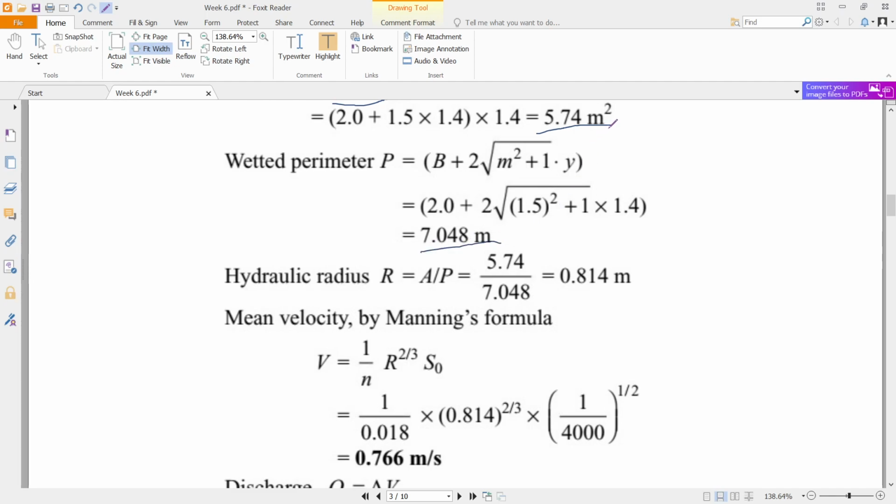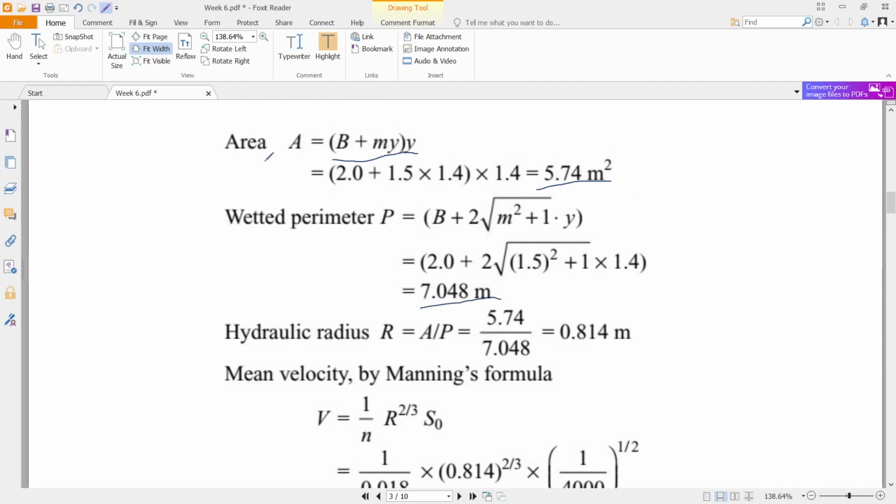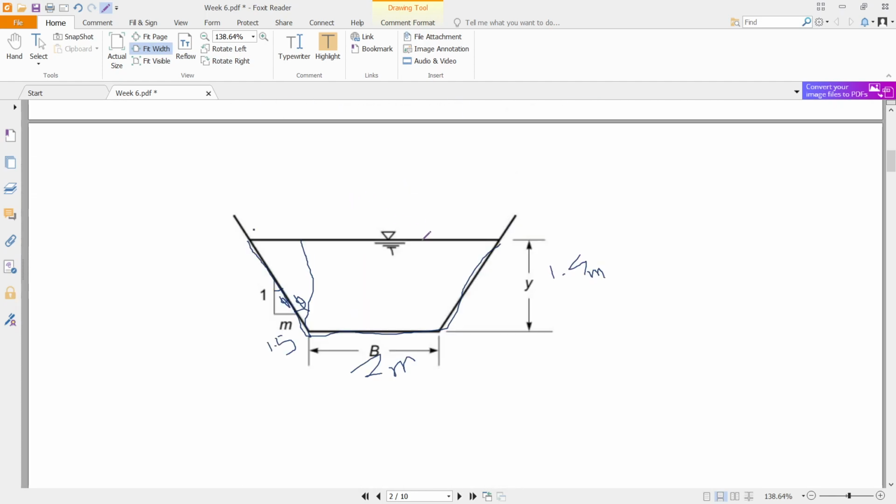I'm giving you 5 minutes so that all of you can arrive at these two expressions, the expression for A and the expression for P, for this given trapezoidal section.